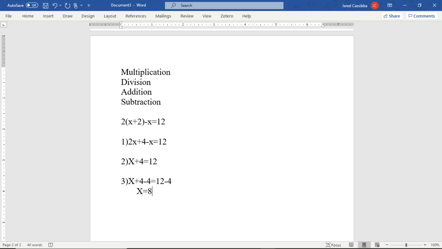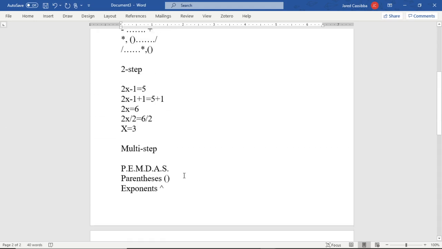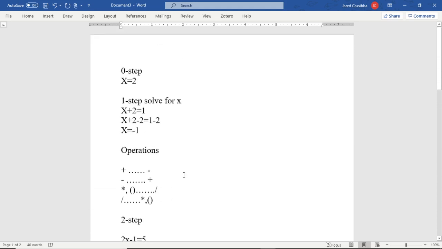So this multi-step equation was 3 steps. The standard length of them is 3 to 4. You don't get ones that are much bigger until you get into a lot longer situations. For example, like a quadratic or something. We'll go into that further on in a much later episode of this. But I just wanted to give you a base rundown of where Algebra 1 starts and gets its roots.